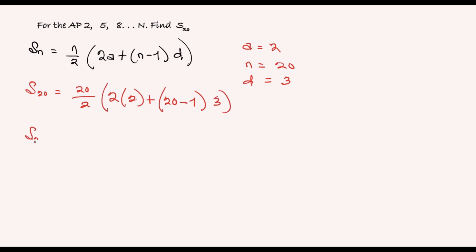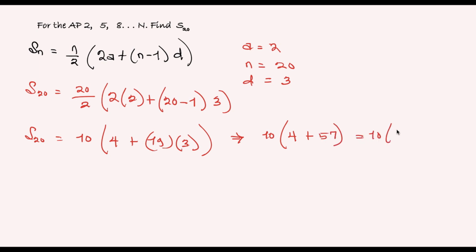So we have that S20 is equal to 20 divided by 2 is 10, 2 multiplied by 2 is 4, plus 20 minus 1 is 19, 19 multiplied by 3. So we have that our S20 is equal to 10 multiplied by (4 plus 57), which is 10 multiplied by 61. So our S20 is 10 multiplied by 61, which is 610.